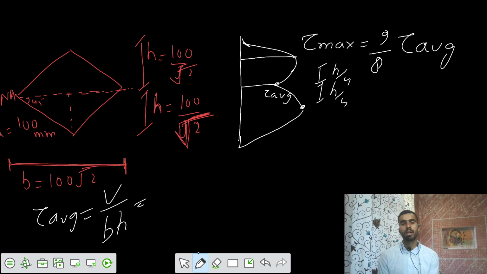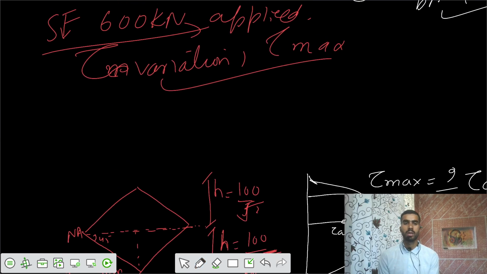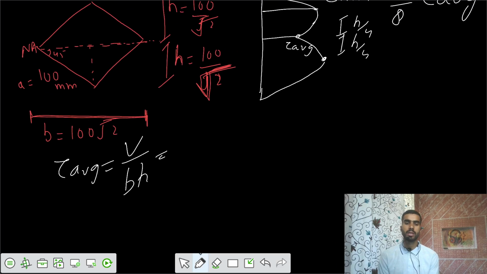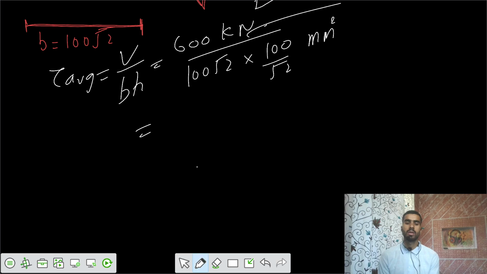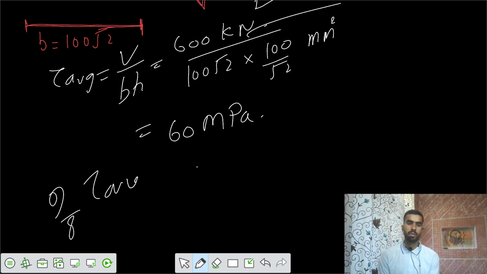So the shear force was equal to 600 kilonewton divided by BH. B is your 100 root 2 into H is your 100 root 2, squared. So you got an average shear stress value of 60 megapascal. And 9 by 8 tau average would be equal to 67.5 megapascal.